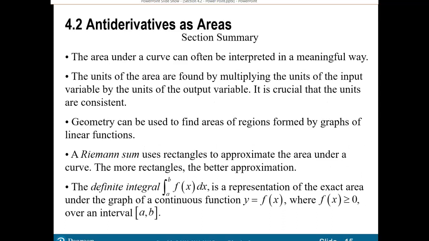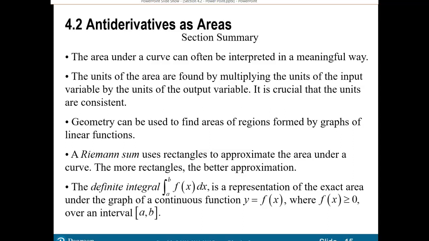Okay, but that's basically this section, doing what we call a Riemann sum. So the area under a curve can often be interpreted in a meaningful way. The units of area are found by multiplying the units of the input variable by the units of the output. Okay, it's crucial that your units are consistent. Sometimes you can use geometry to find areas if you have straight lines as your graph.